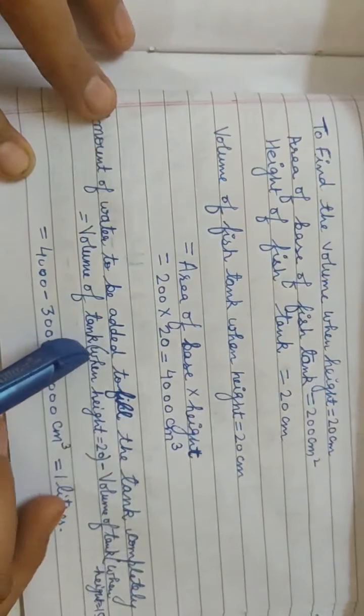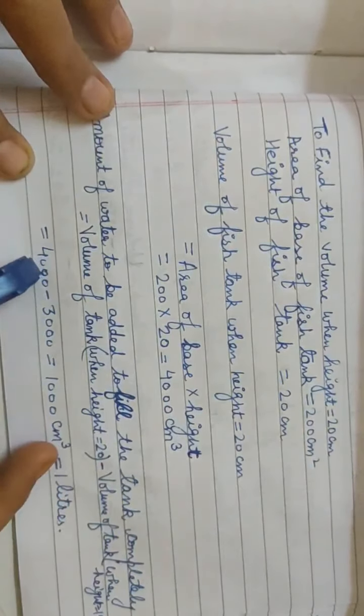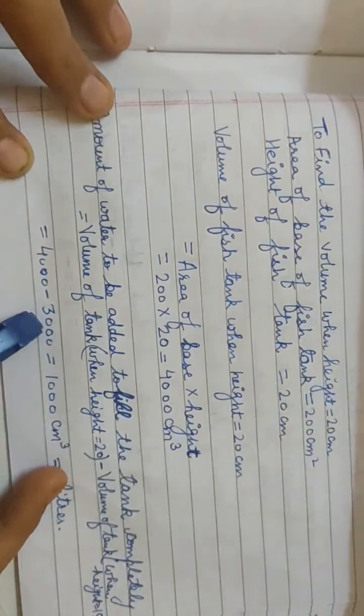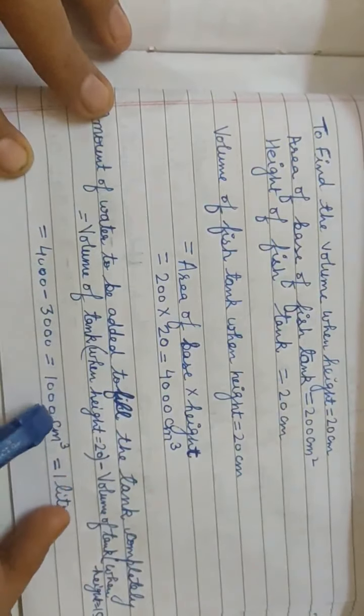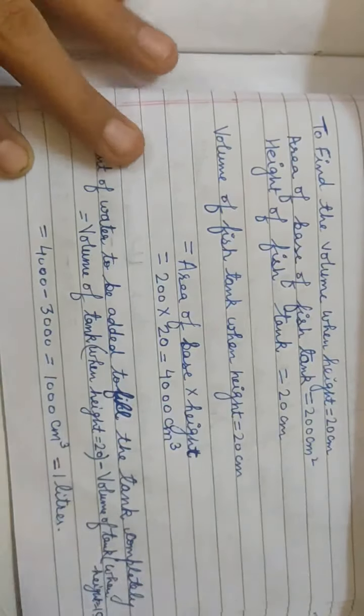So when the height is 20, the volume was 4000, and when the height is 15, the volume was 3000. When we subtract it, we will get 1000 centimeter cube.